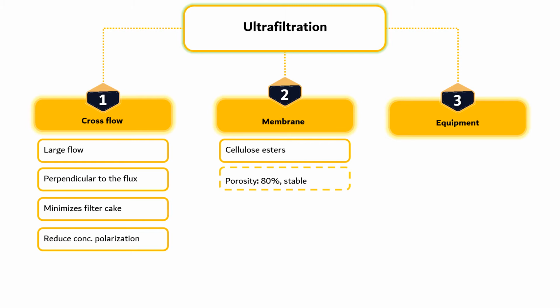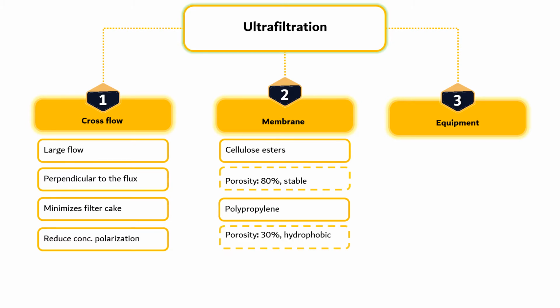The second type of membrane is made by drawing warm, non-porous film of polymers like polypropylene. This membrane has a porosity around 35% and a thickness of 0.003 centimeters. Because they are hydrophobic, they must be primed with alcohol-water mixtures before ultrafiltration of aqueous solutions.